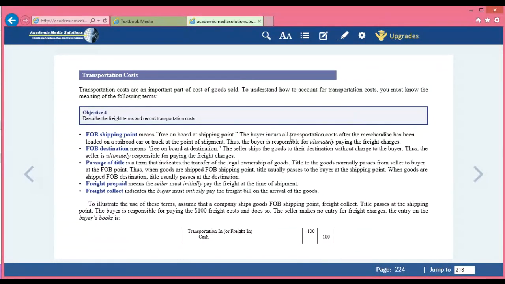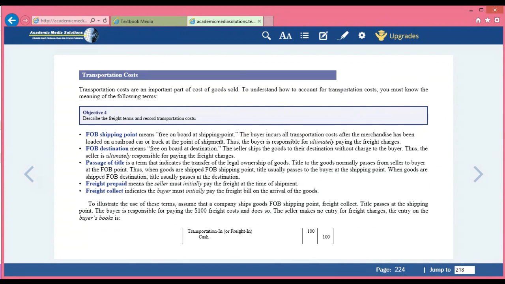It says the buyer incurs all transportation costs after the merchandise has been loaded on a railroad car or truck at the point of shipment. Thus, the buyer is responsible for ultimately paying the freight charges. It also means that title to those goods transfers to the buyer the minute it goes on board.